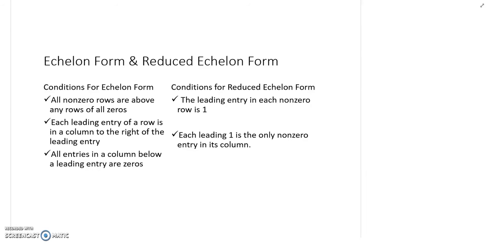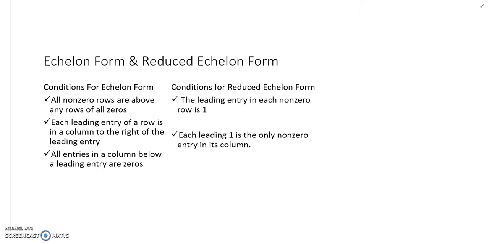So now we're going to take a look at echelon form and reduced echelon form, the actual topic of the video. Here we have 5 conditions. The first 3 conditions conform to echelon form, and the last 2 build on the first 3 and ultimately give us reduced echelon form.